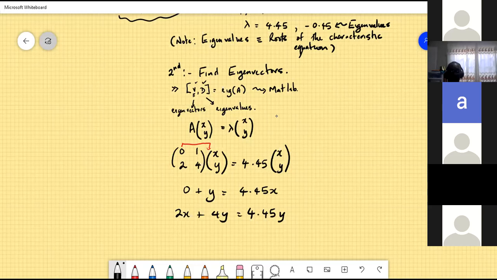So we're going to put in 2x plus 4 times, sorry, what do I want to replace? Maybe simplify my life a bit. 2x, carry this over here, minus 0.45y equals 0.